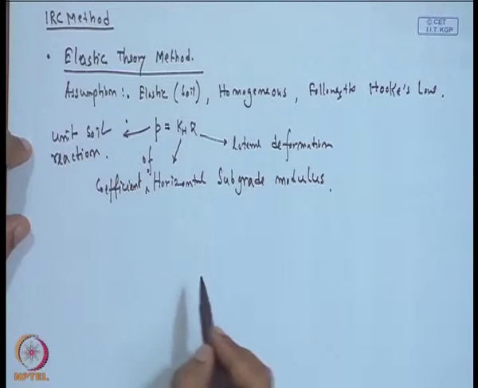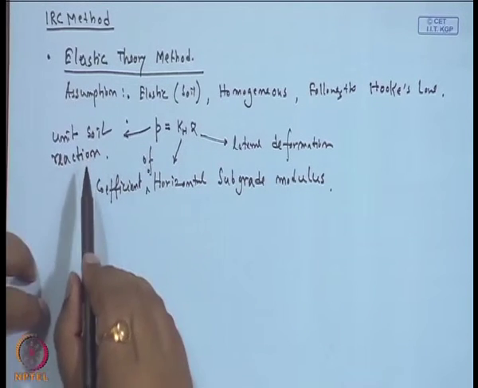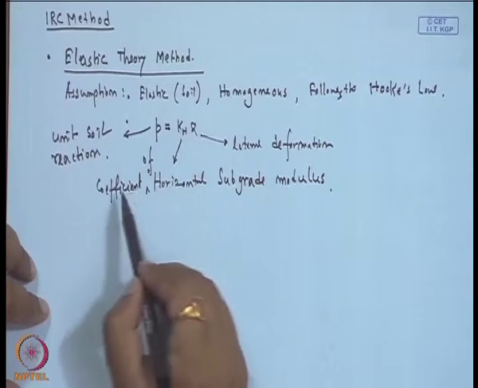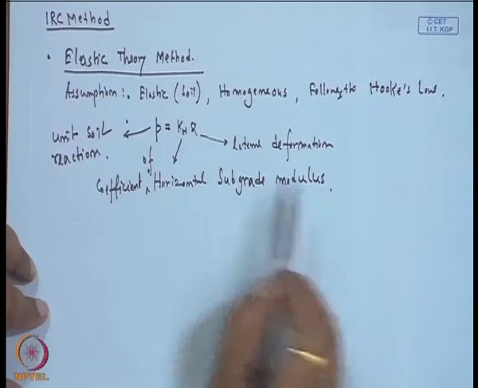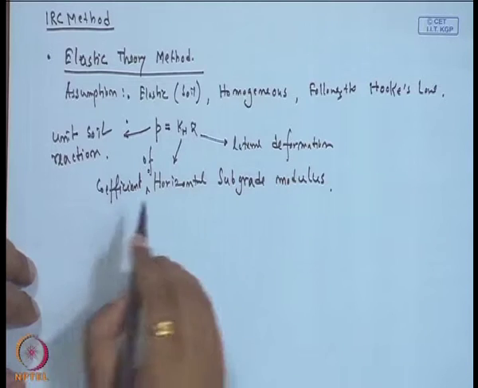So the unit soil reaction P is equal to the coefficient of horizontal subgrade modulus into the lateral deformation.